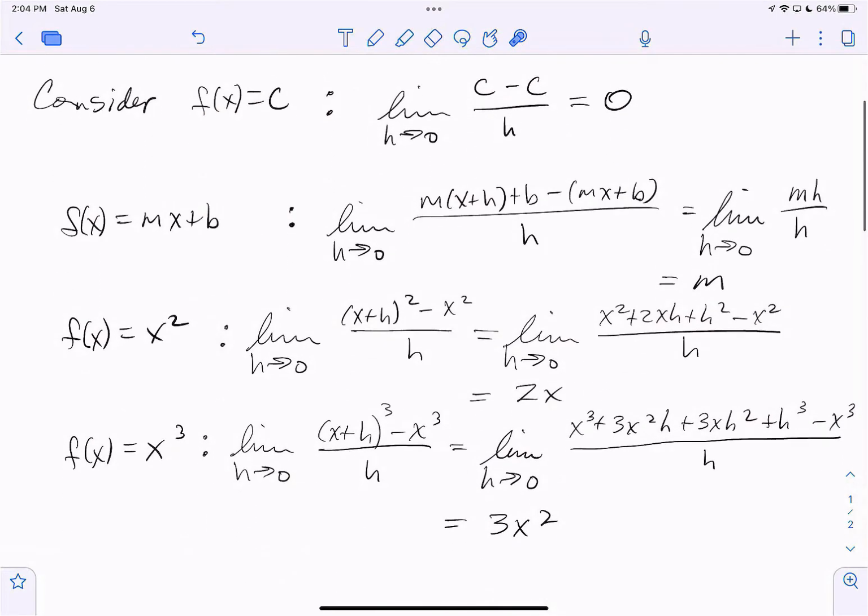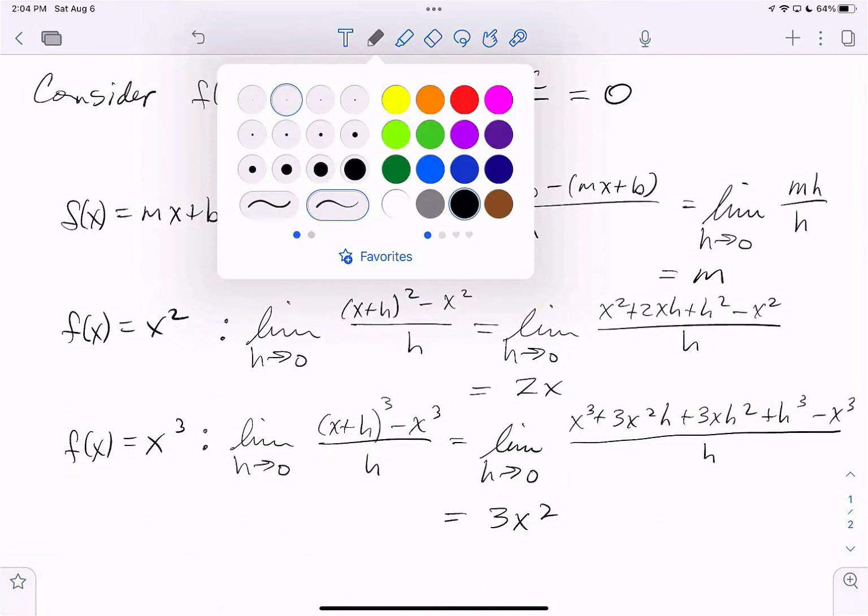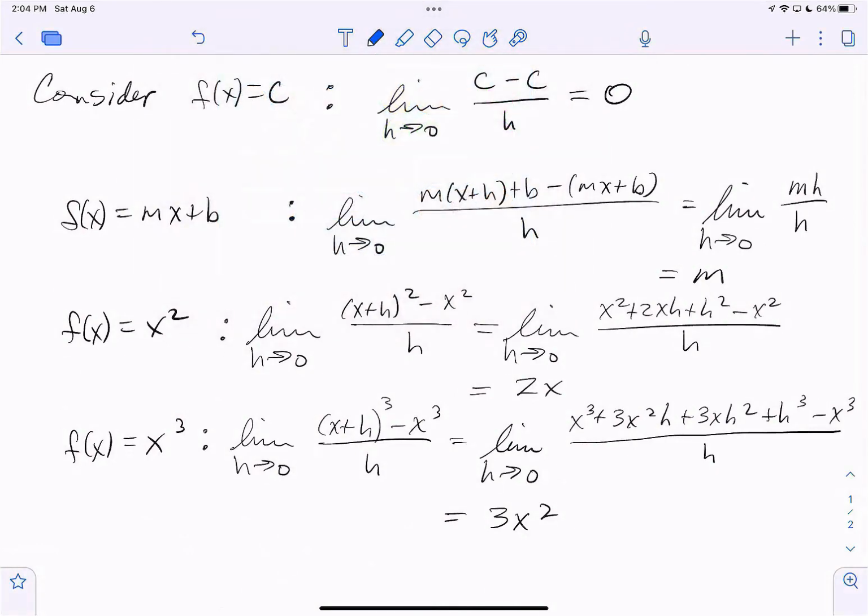Now I've got a lot on the screen, and feel free to pause it and check all the details if you like, but for the linear function f of x equals mx plus b, we end up with f prime of x is equal to m, and that should make sense because it's the slope of the line.